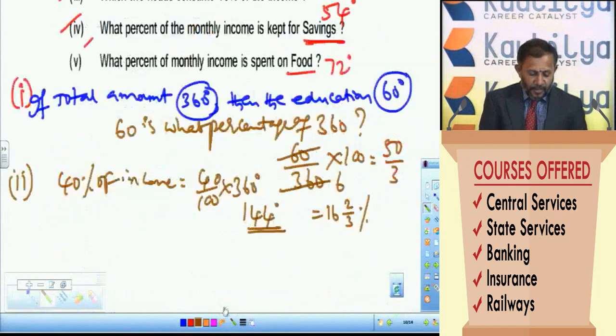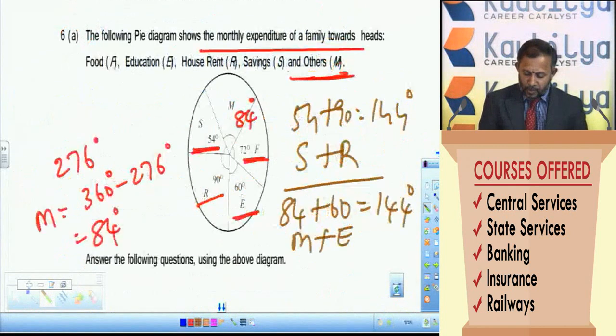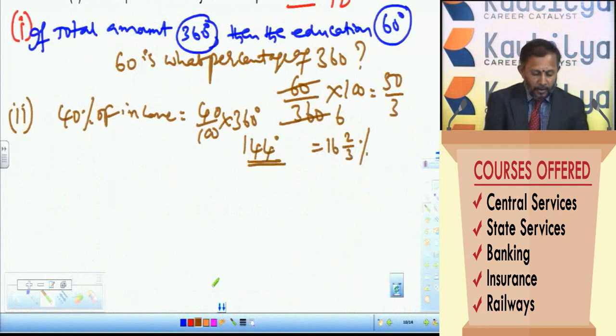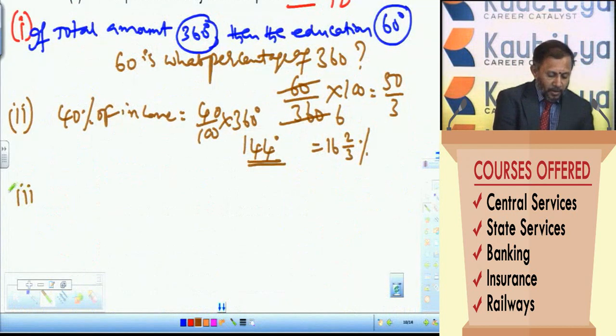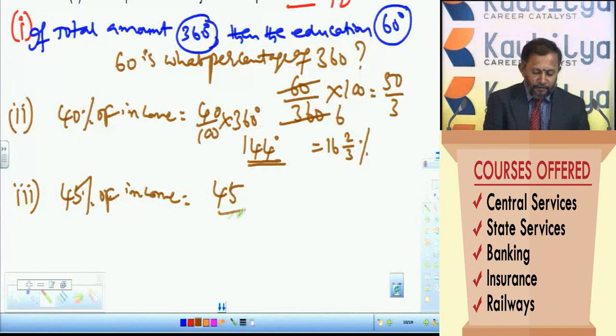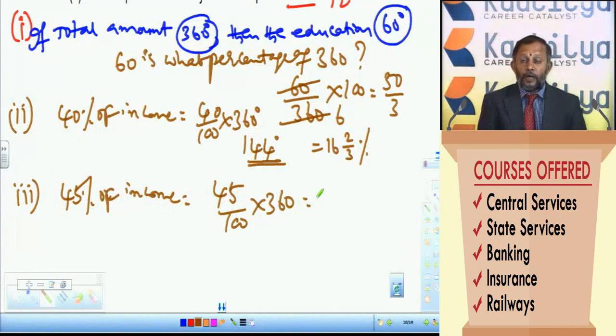And next, the third question, which is also the same model. Which two heads consume 45% of the income? So here for the third question, as we did in the second one, we have to calculate 45% of the total income, which is 45% of 360. 45% of 360 is equal to 162 degrees.